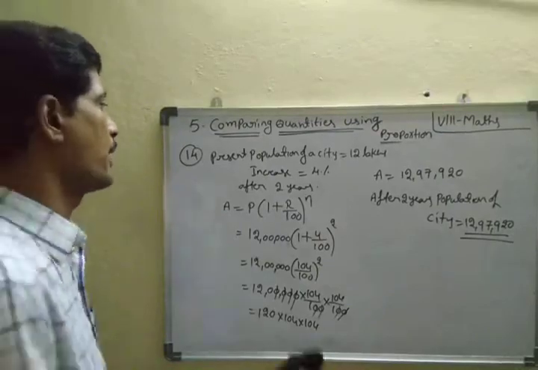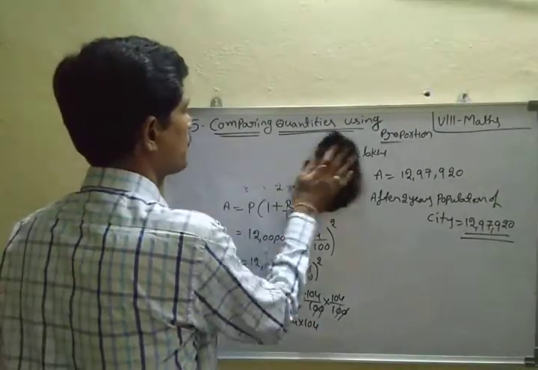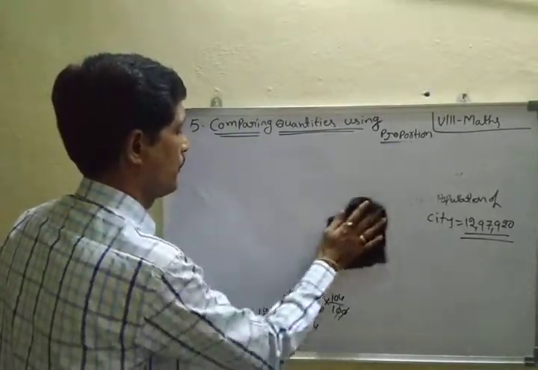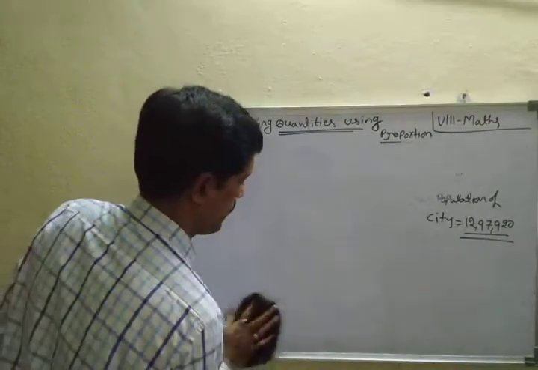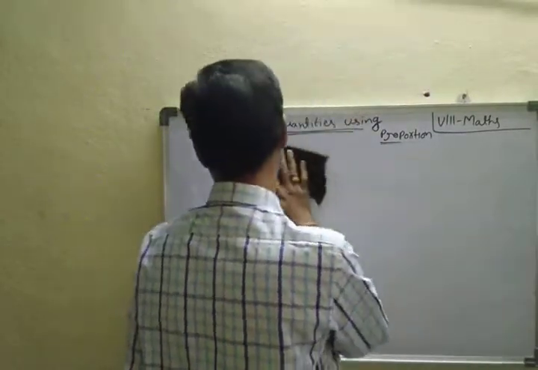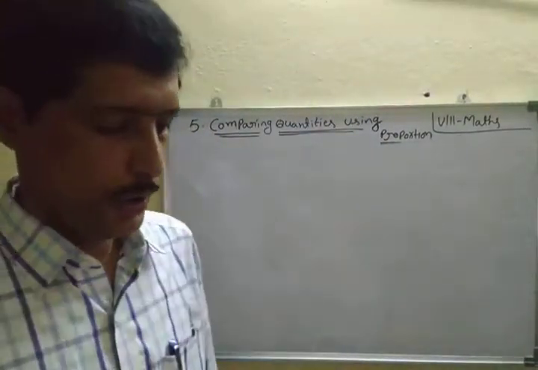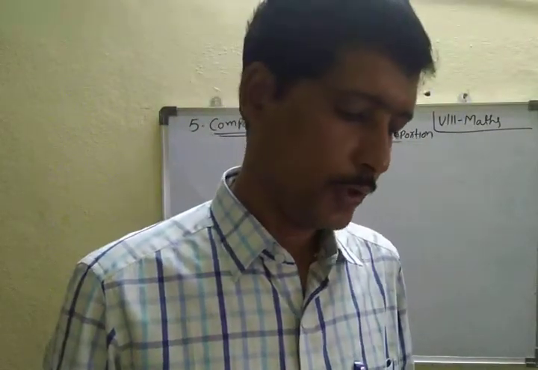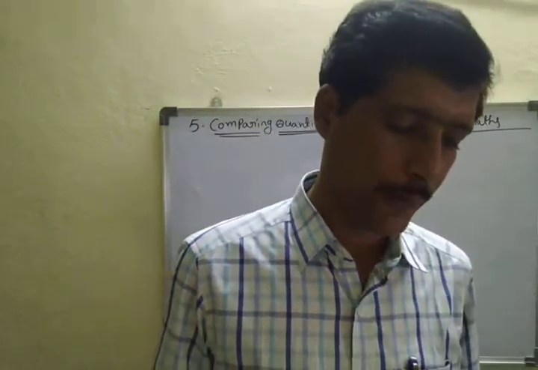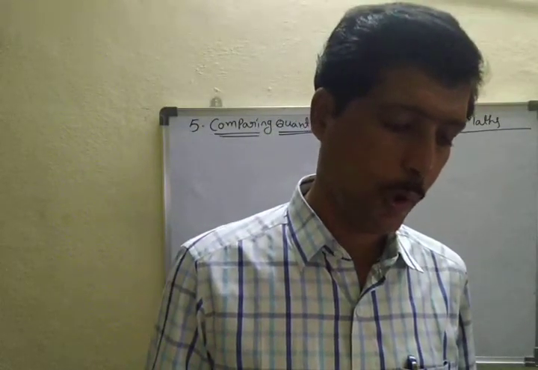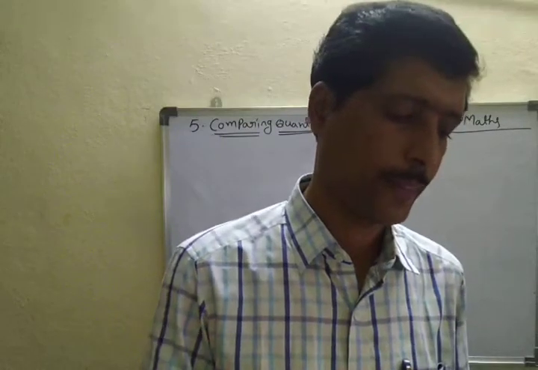Next one, that is the last question, the 15th question. Calculate the compound interest on 1000 rupees over a period of 1 year at 10% per annum if interest is compounded quarterly.